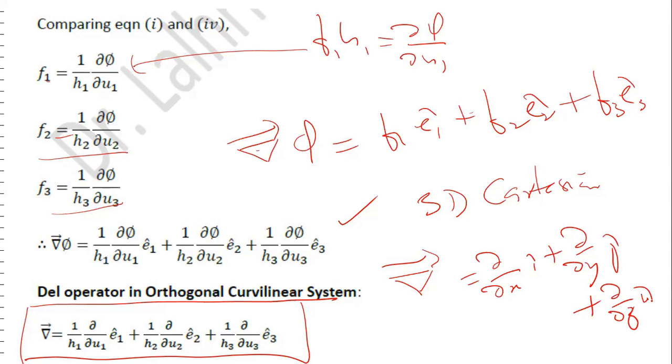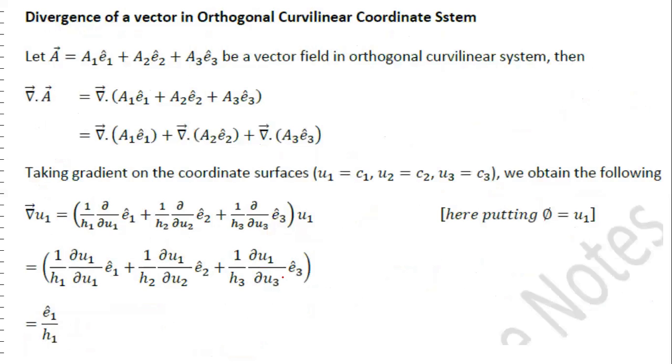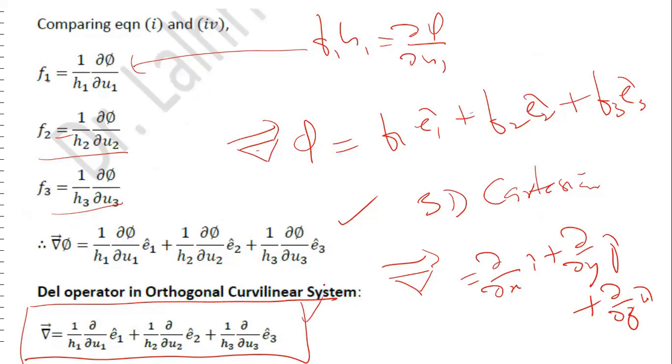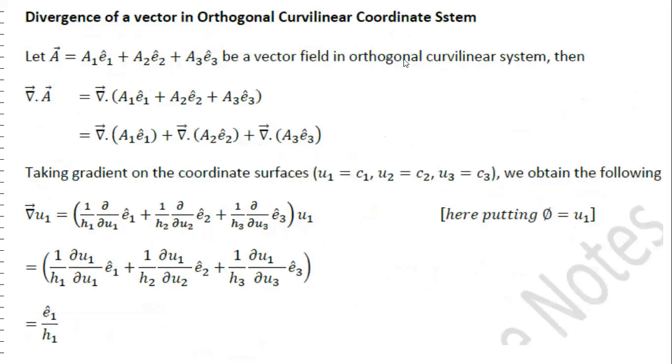So this was the 3D Cartesian del operator. But in the orthogonal curvilinear coordinate system, this is what we have as the del operator. All right, now moving on to the divergence of a vector in orthogonal curvilinear coordinate system.